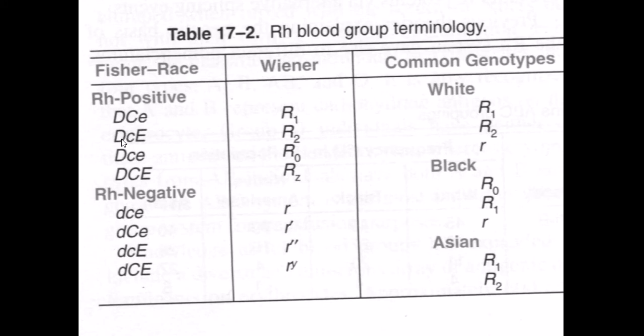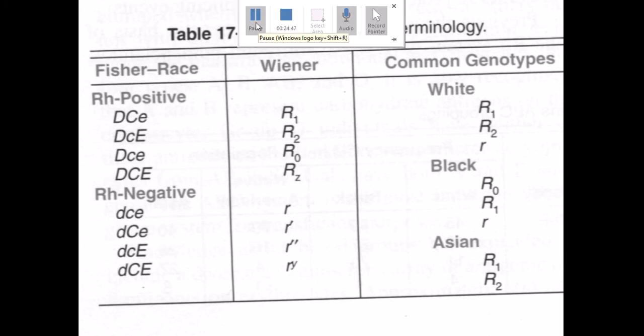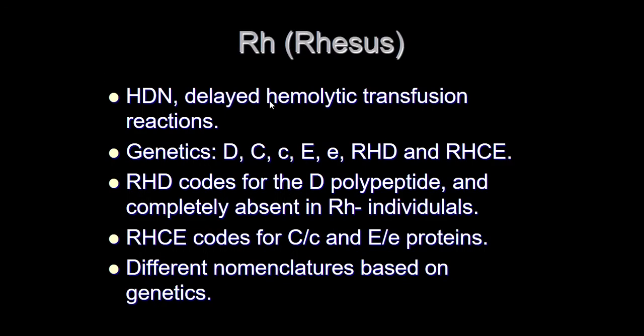That means it has the Rhesus factor. Capital E and capital C is not that important. It's just for epidemiological purposes or different phenotypes. So the Rhesus factor is extremely important in the diagnosis of the hemolytic disease of the newborn, especially when the mother is Rh negative and the baby is Rh positive.